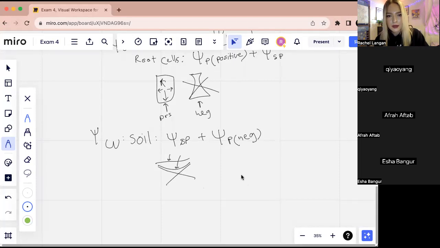So if I had some soil particles, and there was a ton of water in the soil, then it would look something like this.